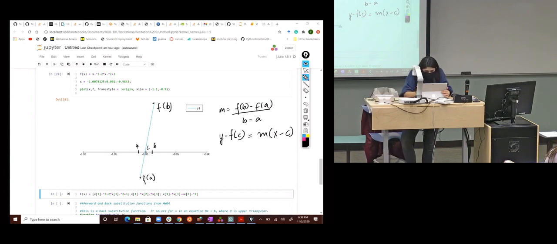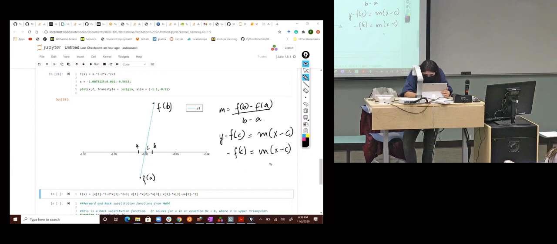From here, we're trying to find a solution to the system of equations. So I just put y equals 0, and I get minus f(c) equals m times (x minus c).